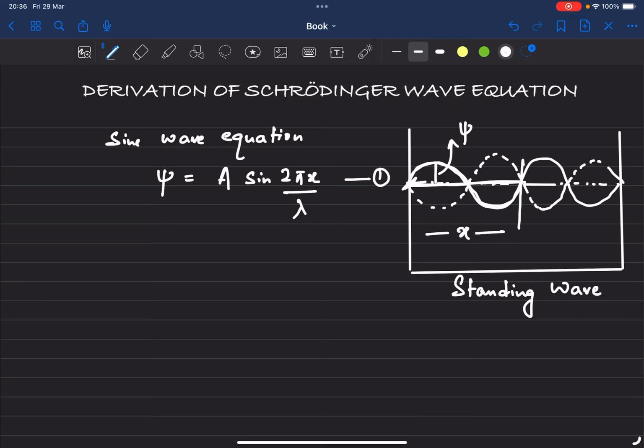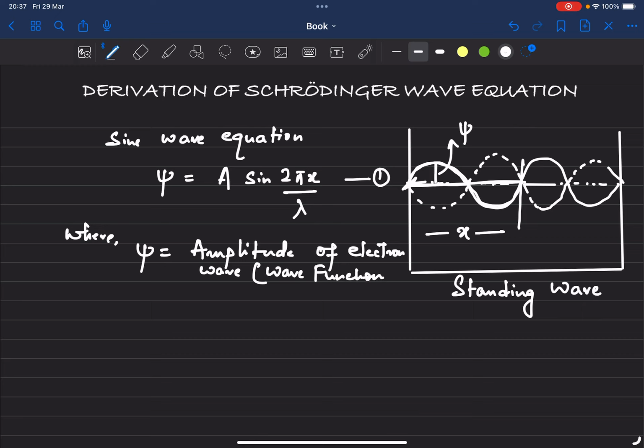Psi, as we have already discussed, is the amplitude of the electron wave, also known as the wave function. Since we have already discussed this in previous topics, we can write it here.